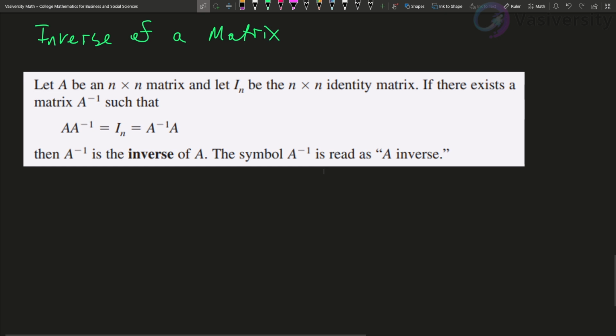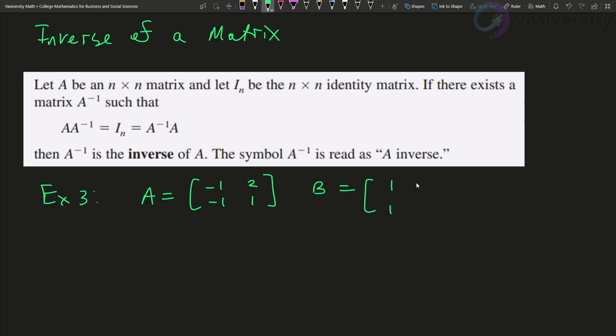Let's check through an example. Example 3. Let's say A is -1, 2, 1, 1 and B is 1, 2, 1, 1. So A times B is going to be equal to, remember the rules, we multiply the first row times the first column.